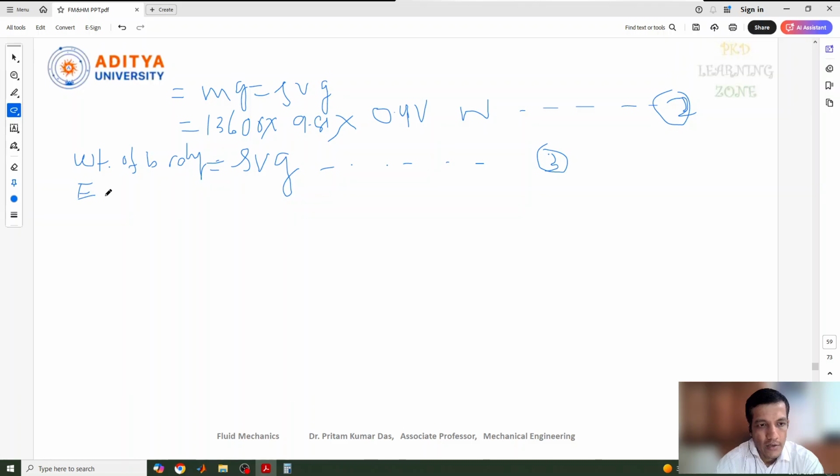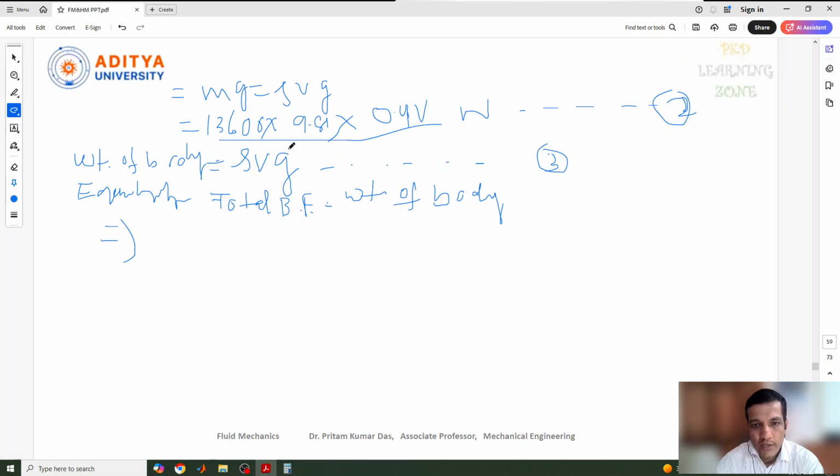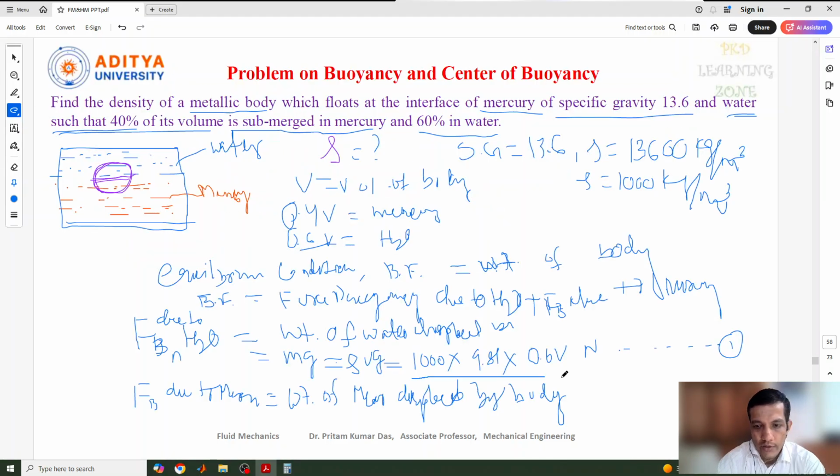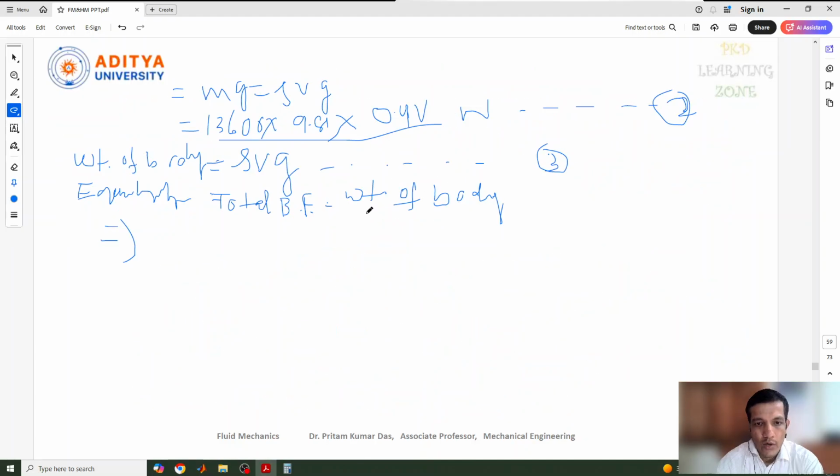For equilibrium condition, the total buoyancy force equals the weight of body. The total buoyancy force is the buoyancy force of this plus the buoyancy force of this one, equal to weight of the body.